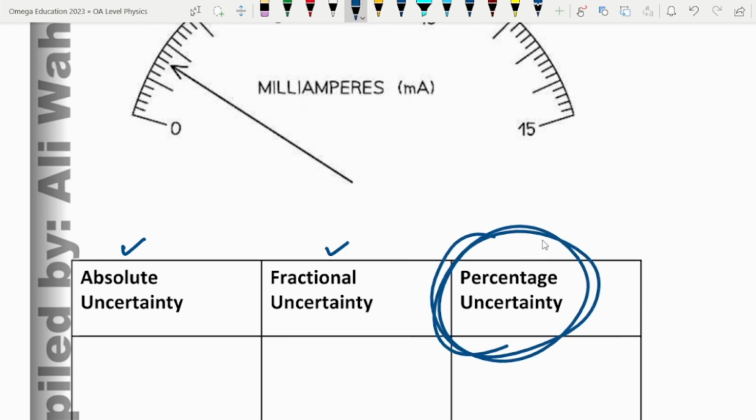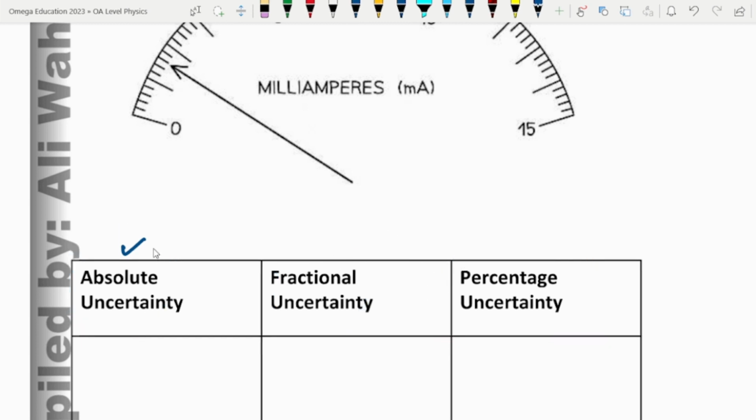Percentage uncertainty is the most important one, followed by absolute, followed by fractional. In many cases you need to figure out by yourself which one of these representations of uncertainty would be more compatible. All right, so I'll explain all 3 of them. There are 3 different ways by which uncertainty in the principal value is represented.